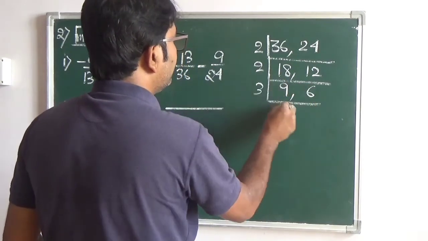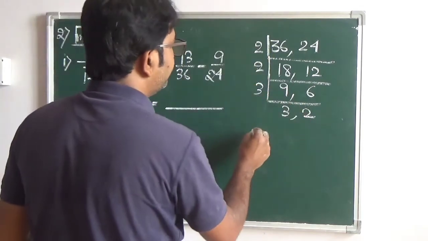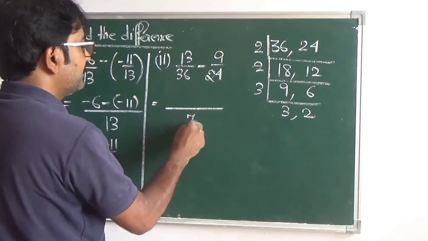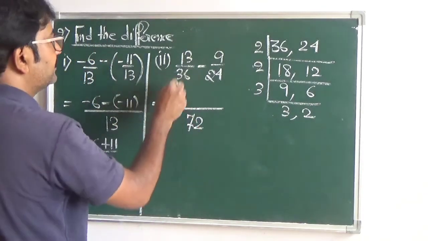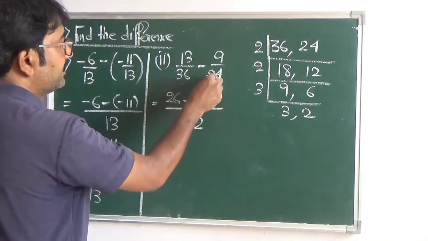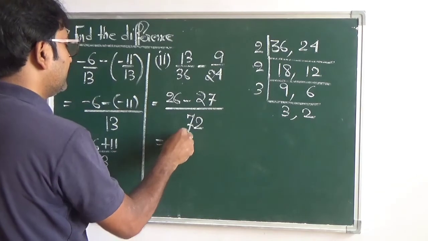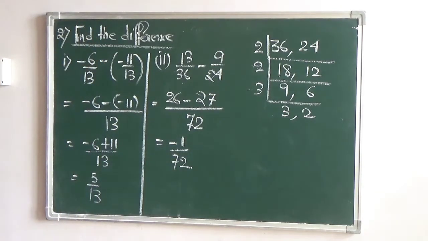So it is 3, 3 and 2. So the LCM is 2 times 3 times 3 times 2 times 2, which is 72. So LCM is 72. So 13 multiplied by 2 is 26, minus 9 into 3, which is 27. So it gives you minus 1 by 72. Okay.